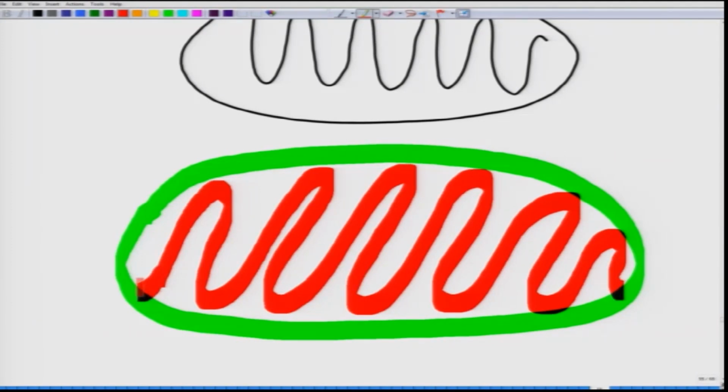So, this is the overall structure of the mitochondria, and if you look at this structure a little bit more carefully, this is the area which is called the matrix of the mitochondria. Then you have the inner membrane, which is this one.